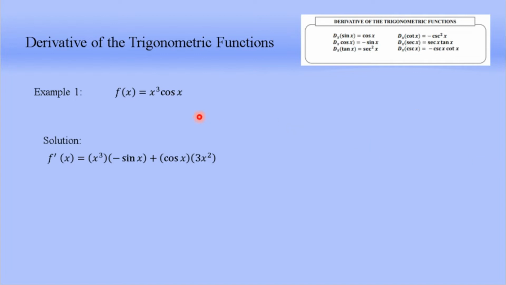So recall the formula for the product rule. That is f of x times the derivative of g of x plus g of x times the derivative of f of x. And so this is our f of x and this is our g of x.